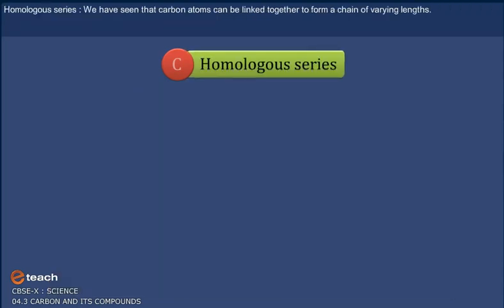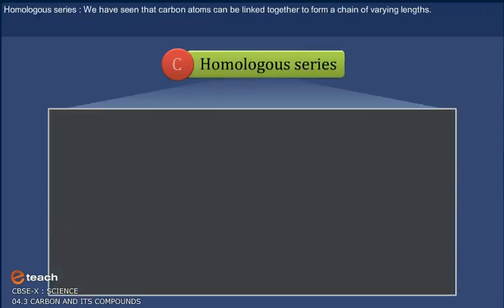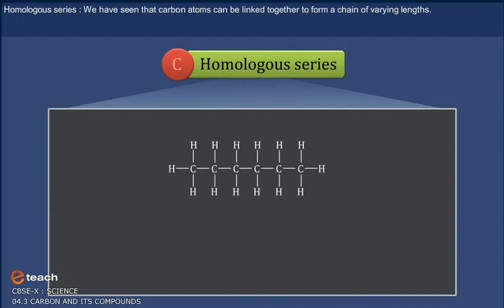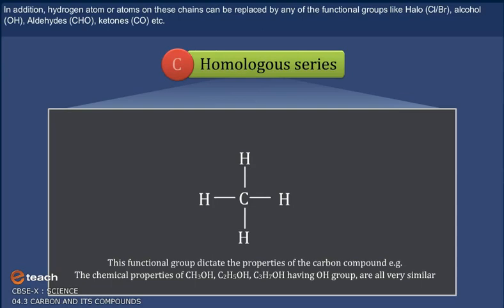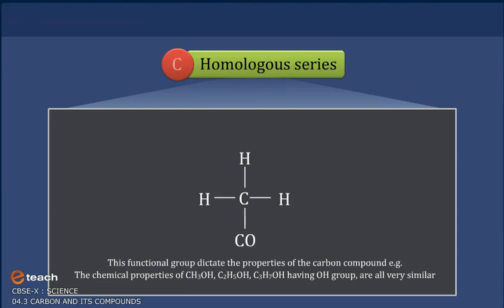Homologous series. We have seen that carbon atoms can be linked together to form chains of varying lengths. In addition, the hydrogen atom or atoms on these chains can be replaced by any of the functional groups like halo, Cl, Br, alcohol, OH, aldehydes, CHO, ketones, CO, etc. These functional groups dictate the properties of the carbon compounds.